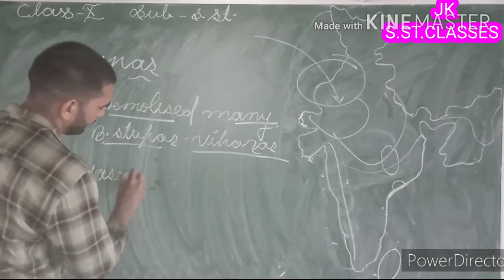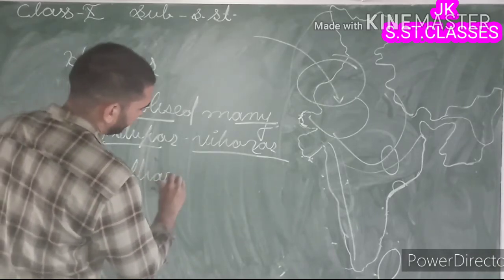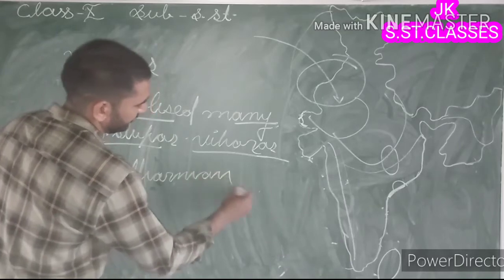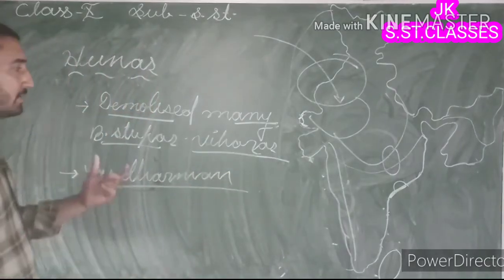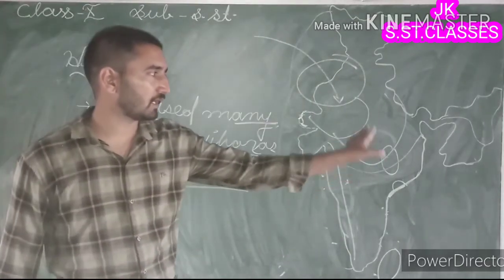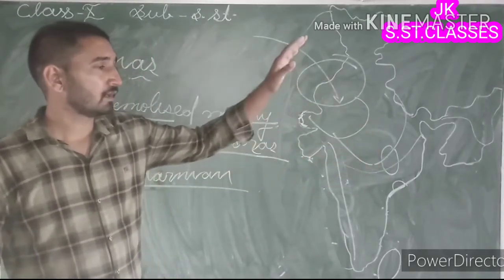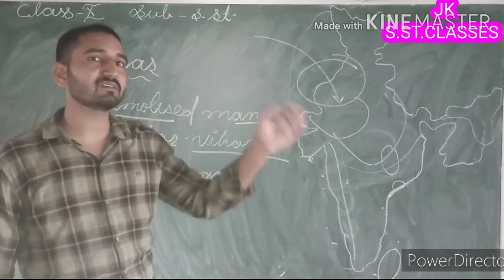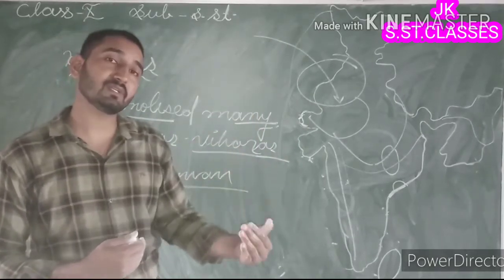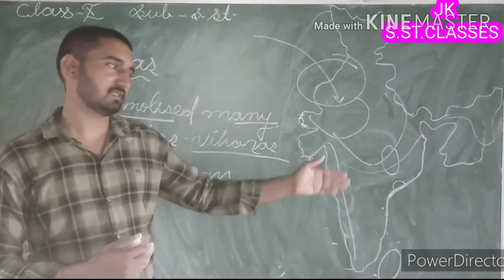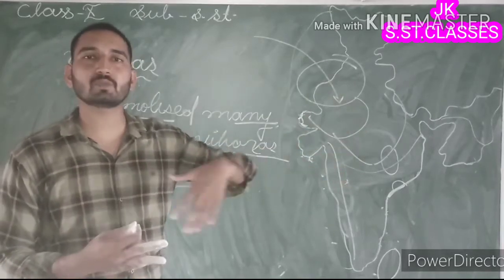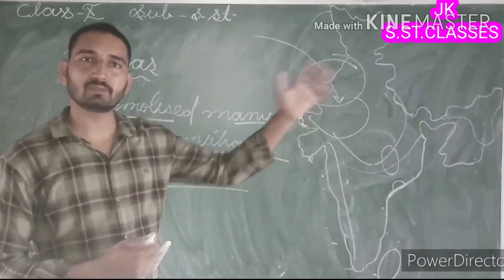Yasodharman was the ruler of Malwa. At the time of Tormana, Malwa was occupied by Tormana, but he didn't merge it into his empire. The ruler of Malwa accepted the domination of Tormana and gave some tax to Tormana.